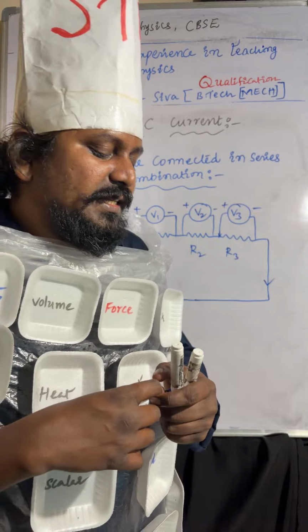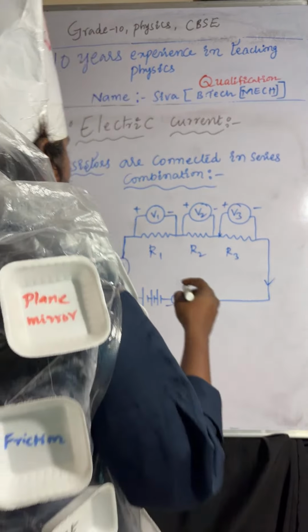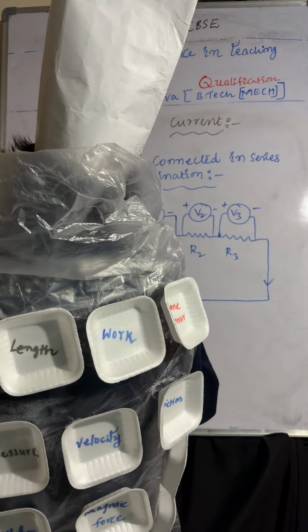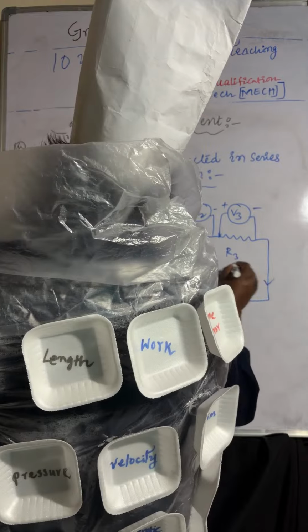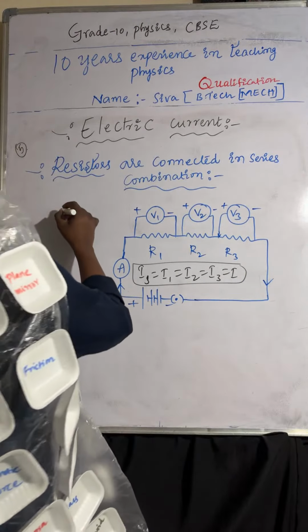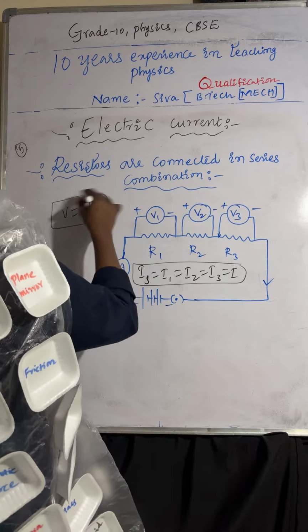Maybe the potential difference is different because of different resistors, but the current is the same. That is, I equals I1 equals I2 equals I3. Understood or not? So from Ohm's law, V equals IR.